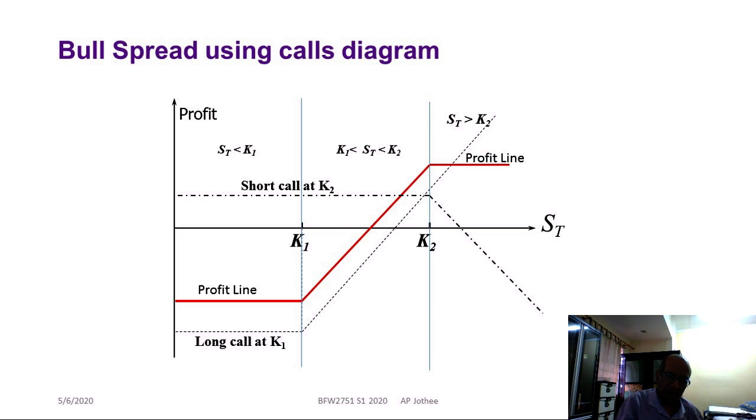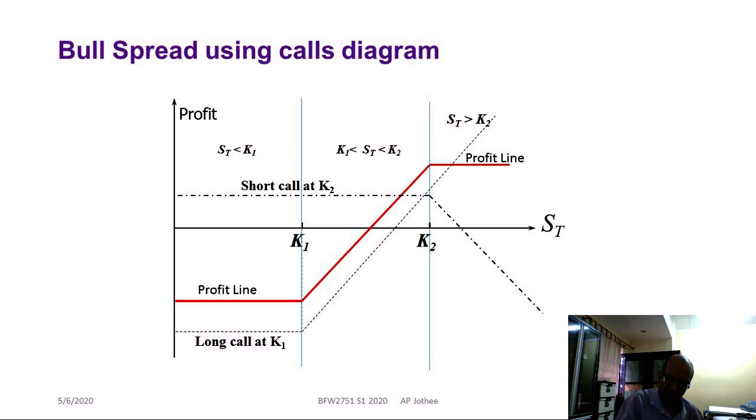So what happens in the profile line here is that when the ST is below K1, you are well and good, because the premium would have been a very large one, but it was subsidized by the short call premium here, and the loss line is lower. Your premium has been subsidized.